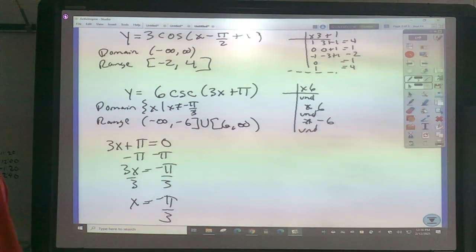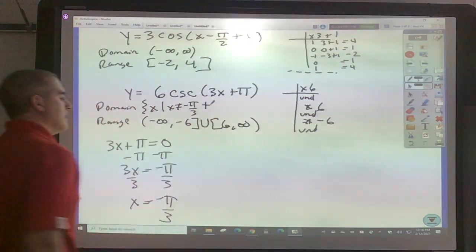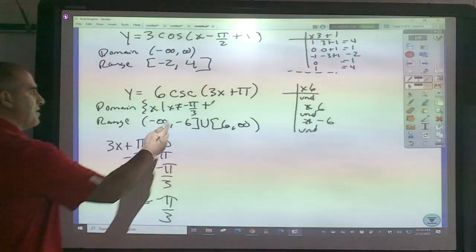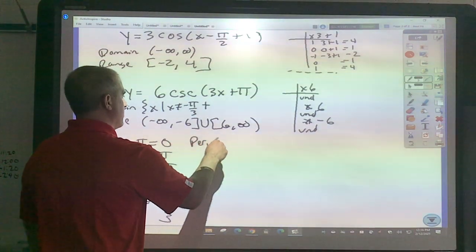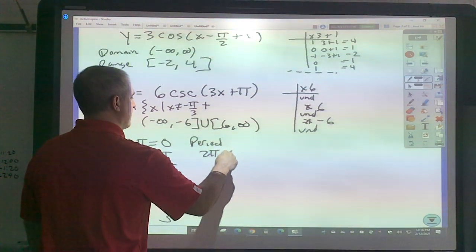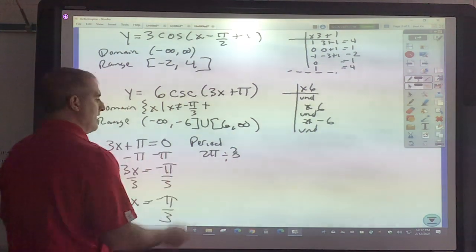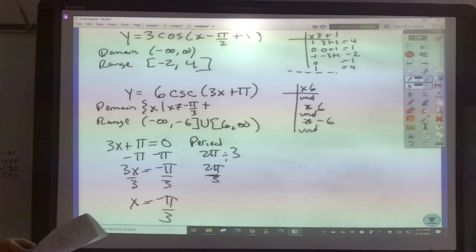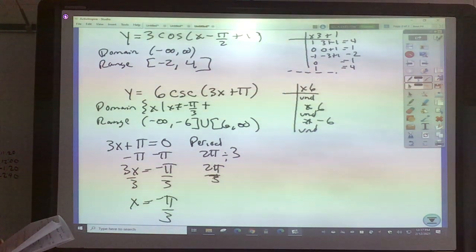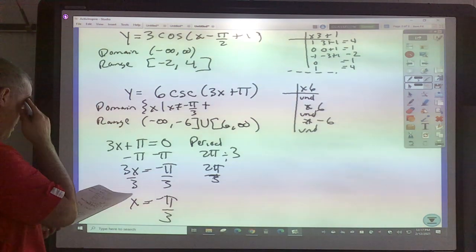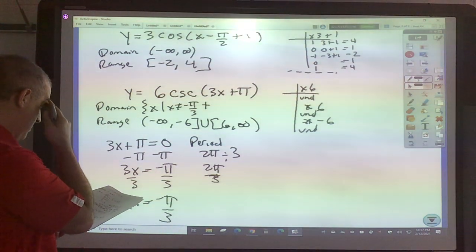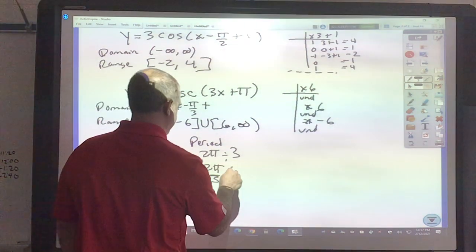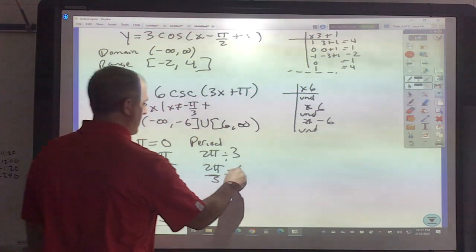plus. Now, what I'm going to have to do is figure out the period. My period would be 2 pi divided by the number in front of x, which is 3. So that's 2 pi over 3. And I have to divide that by 2.